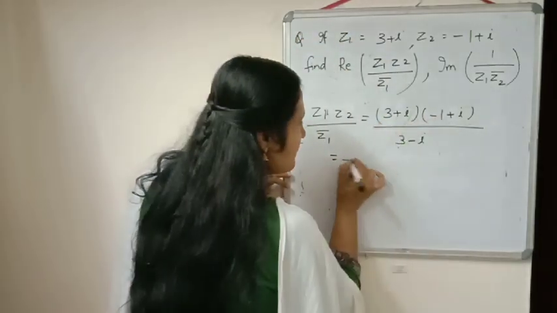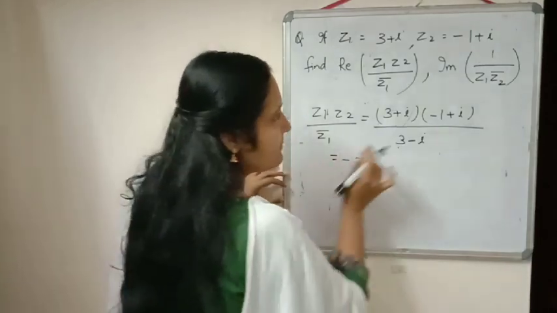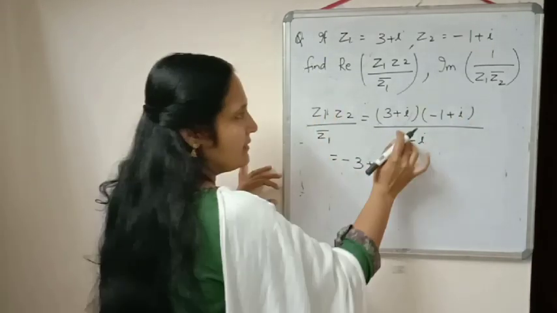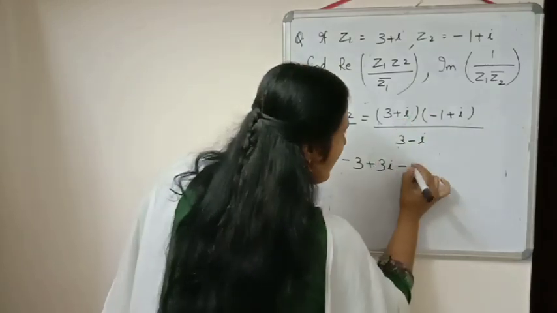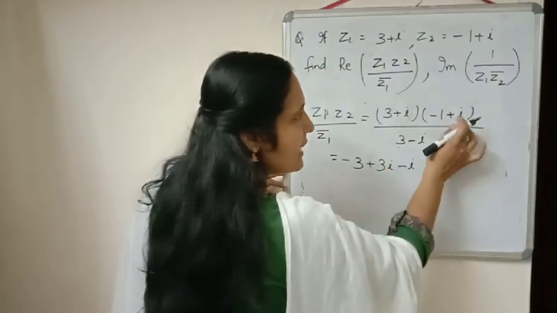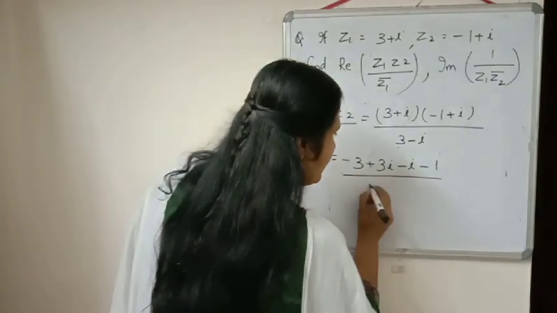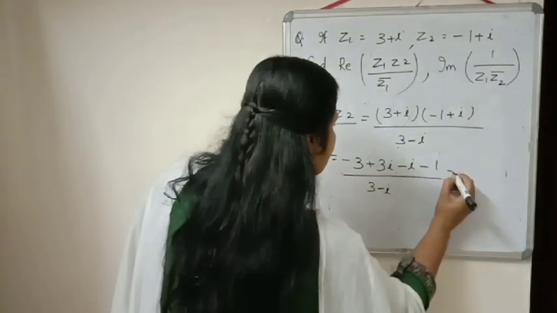So first we can simplify this one. 3 into minus 1 will be equal to minus 3. 3 into i will be equal to plus 3i. i into minus 1 is minus i, plus i square, and i square is minus 1, by 3 minus i.